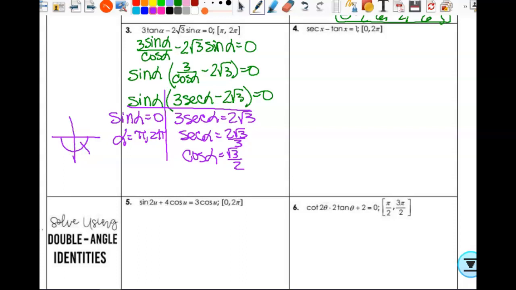What is the reference angle, like my first quadrant angle, that gives me a cosine value of the square root of 3 over 2? Pi 6. So my fourth quadrant pi 6 angle is 11 pi 6. So in the end, alpha is equal to pi, 11 pi 6, and 2 pi.